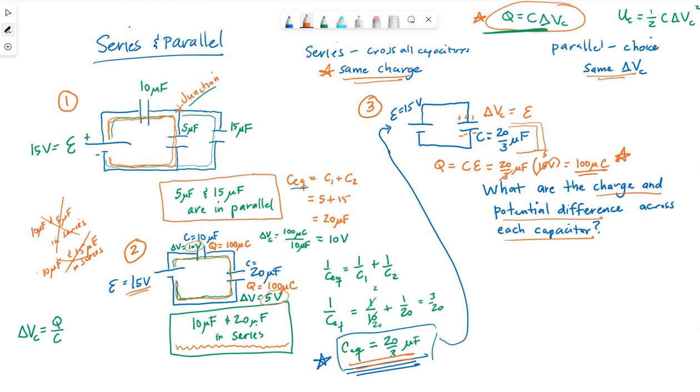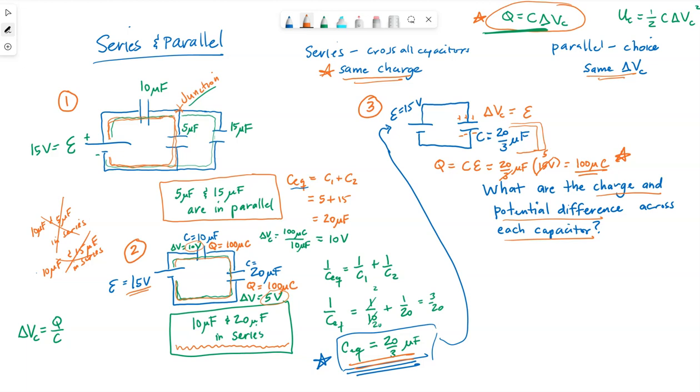I might have said capacitance, I apologize if I did. The second capacitor has a potential difference of 5 volts across it. And then our path gets us back to the battery. So the 10 plus the 5 equal this battery voltage. This is a required rule that must be satisfied in our circuit. It's related to conservation of energy, though in and of itself it's not energy, but electric potential is related to the energy of a charge.